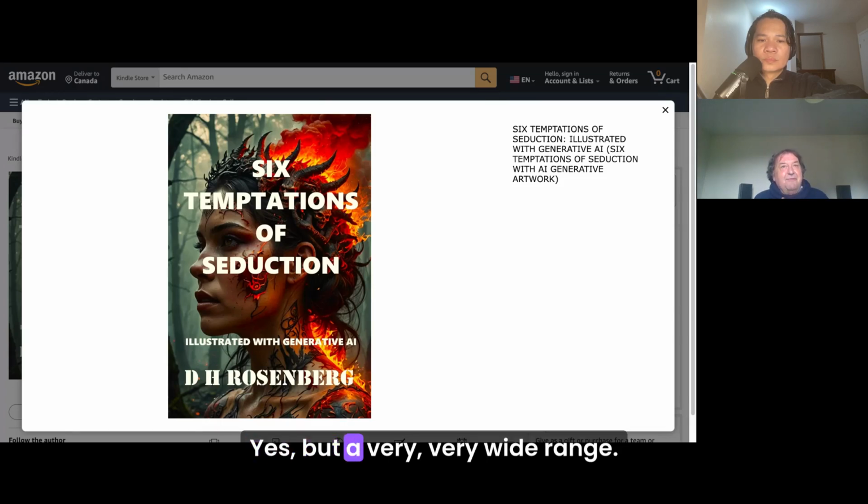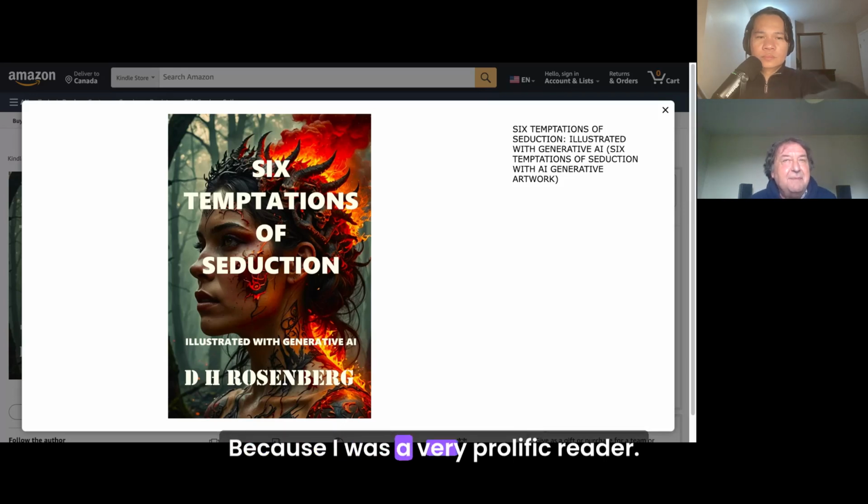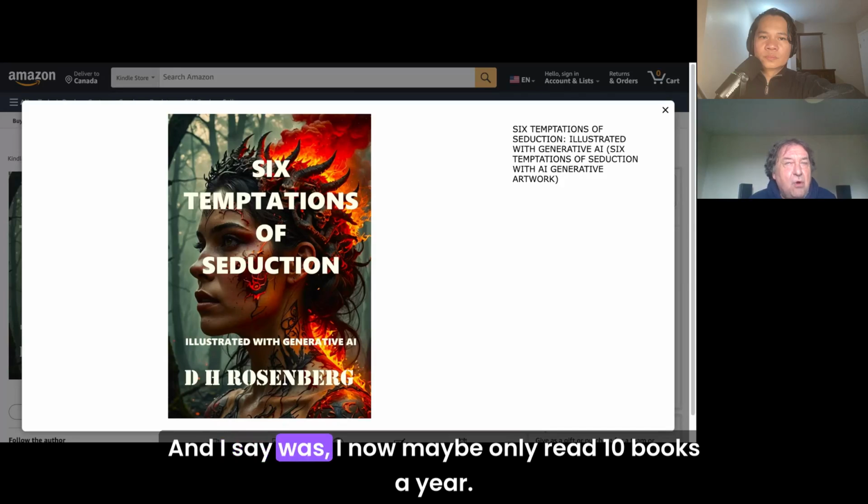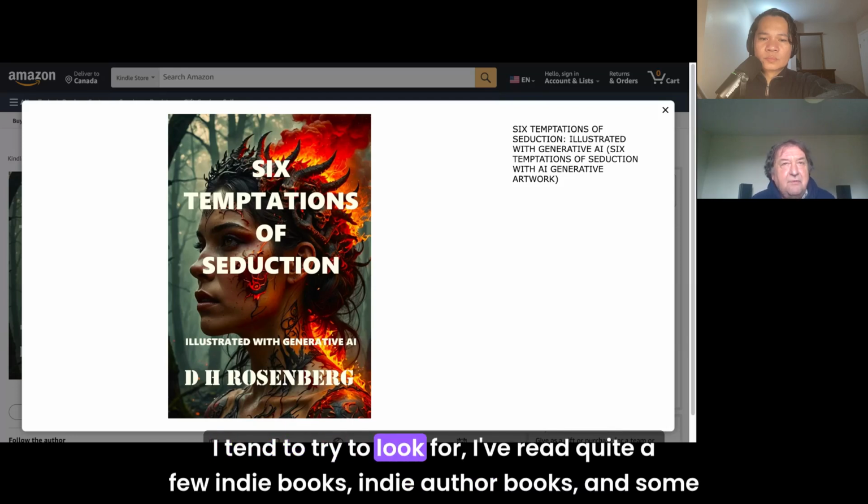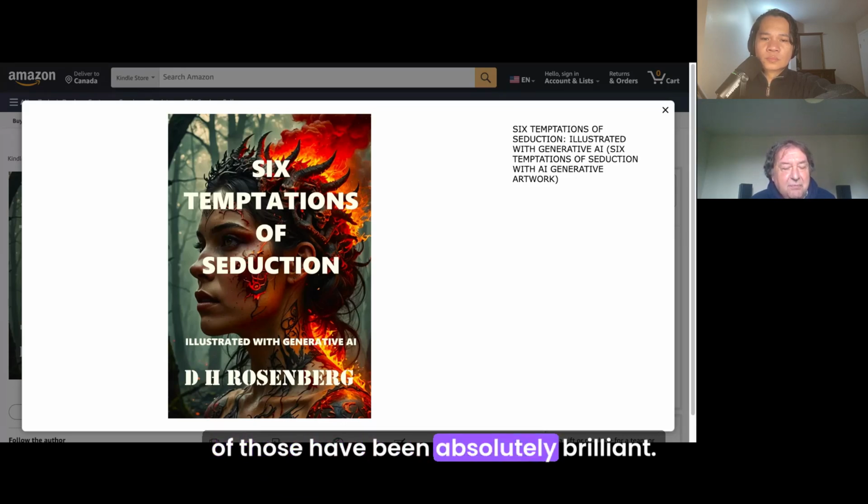Yes, but a very, very wide range. Because I was a very prolific reader, and I say was. I now maybe only read 10 books a year. I've read quite a few indie author books, and some of those have been absolutely brilliant.